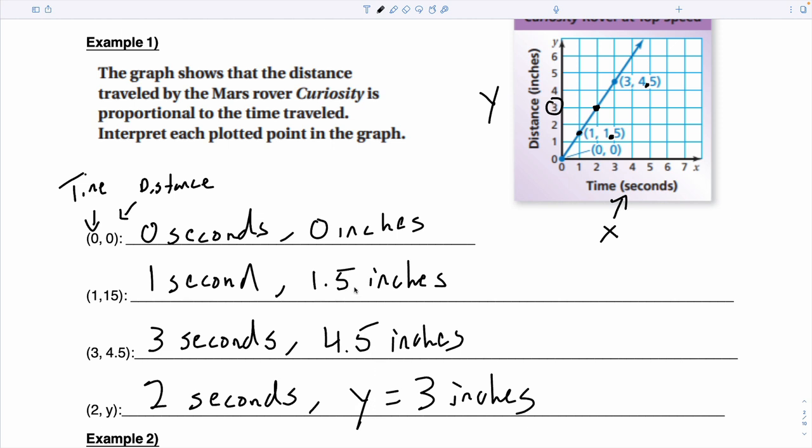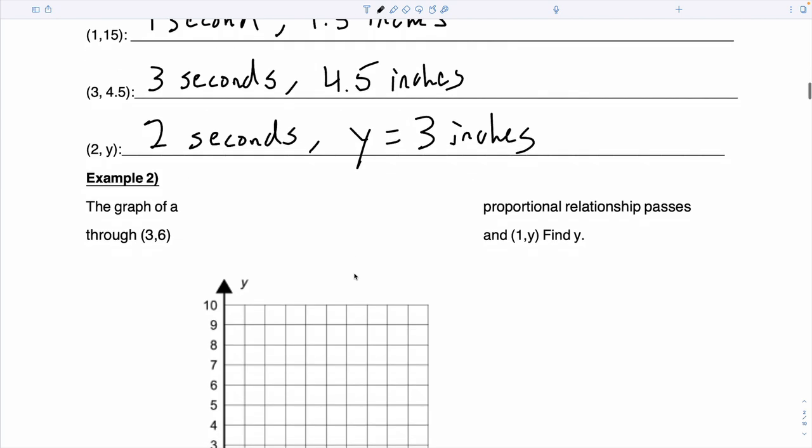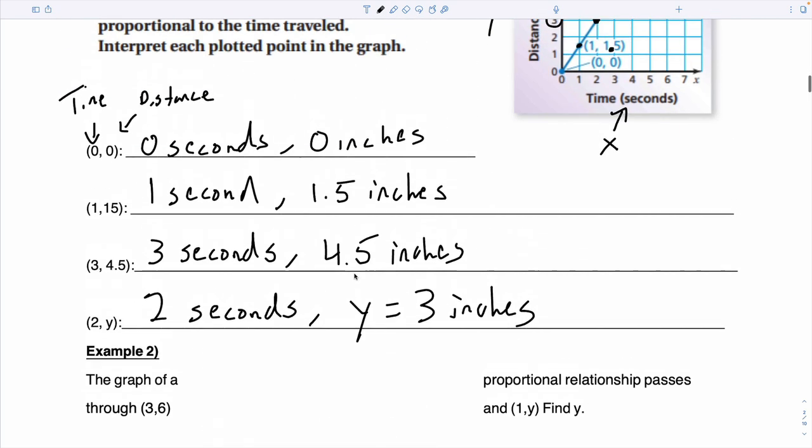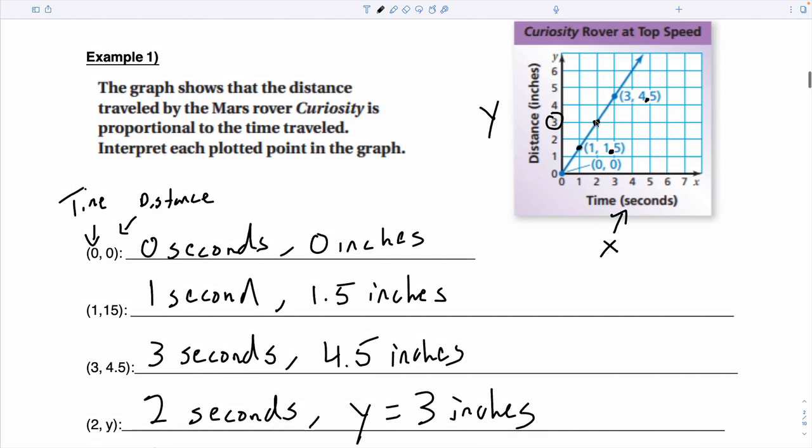Cool. So that's the information we gathered. We're going to get a little more complicated. Did it say 2.5? Right here. So let's go over to 2. 2.5 would be right here, Tessa. If you went up from 2.5, it would be about 3.5. No, I mean, wouldn't y be 2?